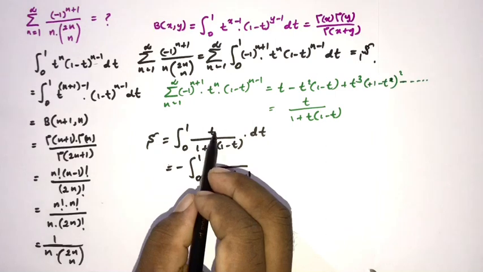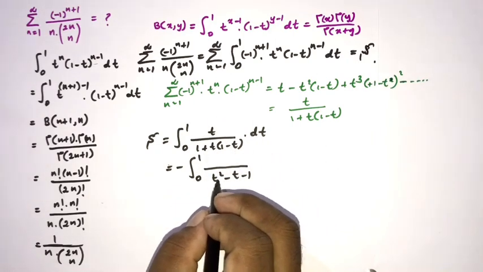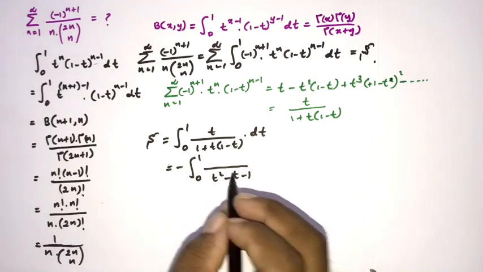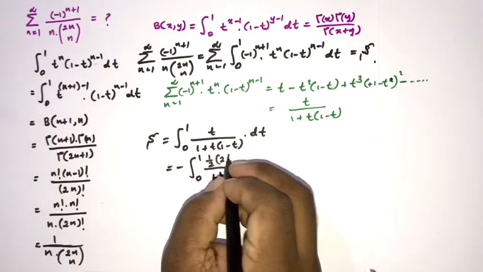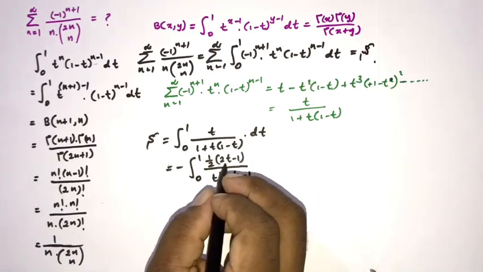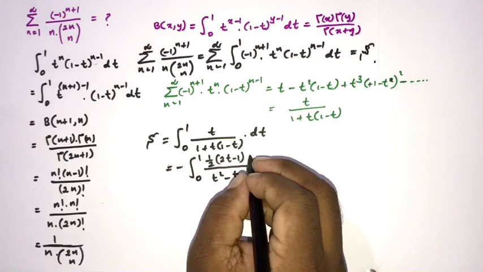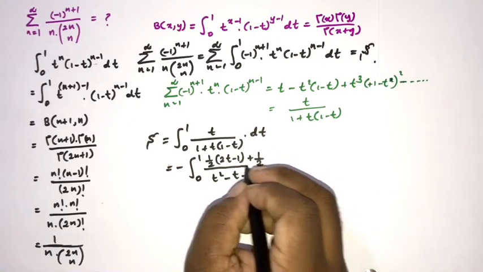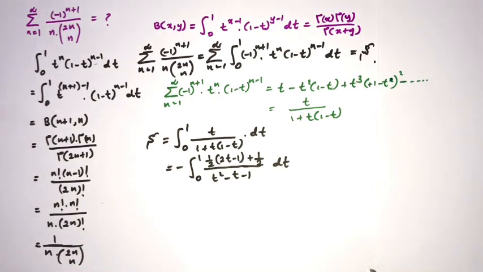And here in the numerator we have t, but if we differentiate the denominator, we have 2t minus 1. Therefore I am going to take 1 half times (2t minus 1). Now these two get cancelled and we will have t minus 1 half, so we should add plus 1 half dt.